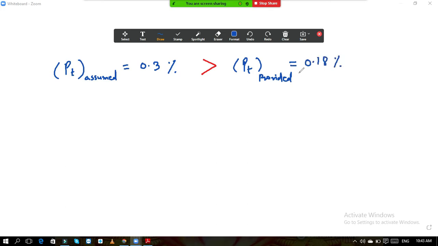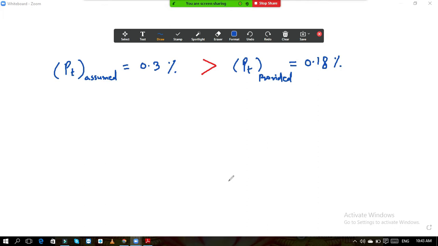0.18%. So in the last lecture I have told you already, if your percentage of steel assumed is greater than your percentage of steel actually provided, then there is no need to take the check for deflection. Deflection criteria is satisfied.